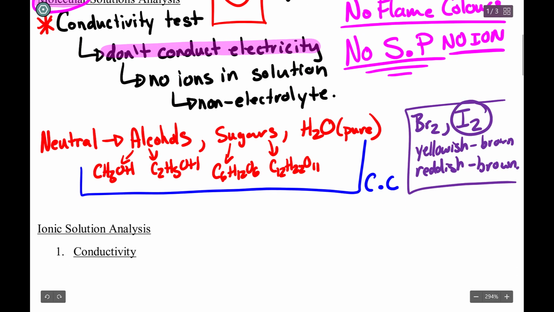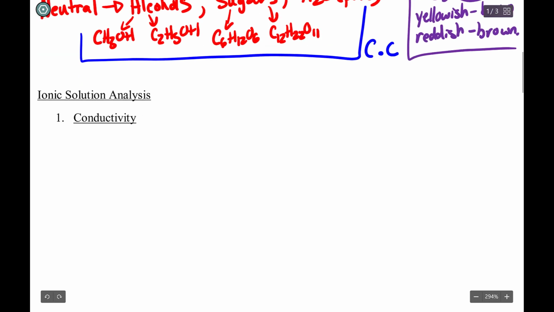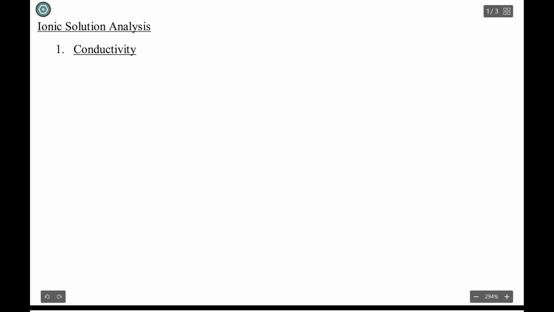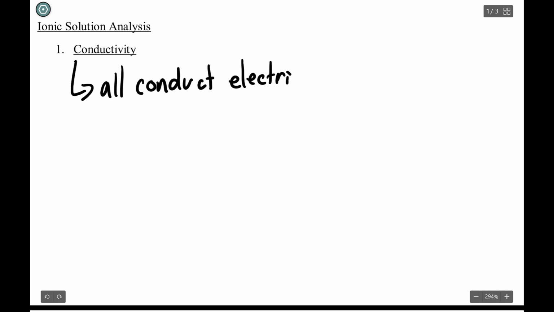Now, the majority of our time is going to be spent on ionics because they do a lot of these different things. For instance, all ionic solutions conduct electricity, under the assumption that we're dealing with things that are soluble.